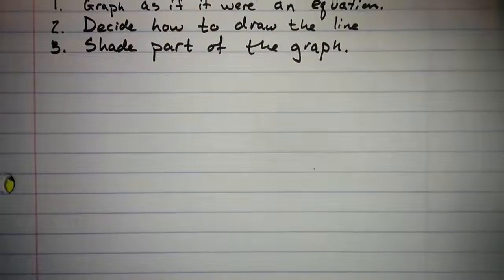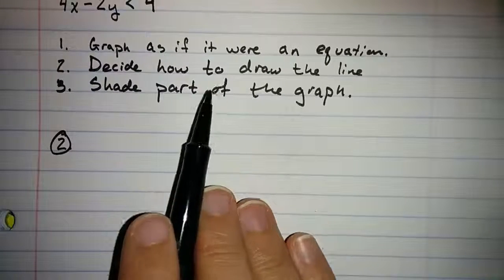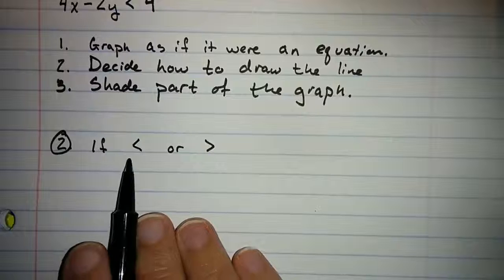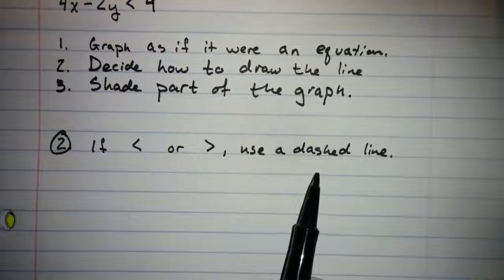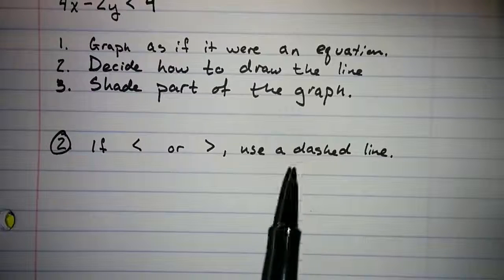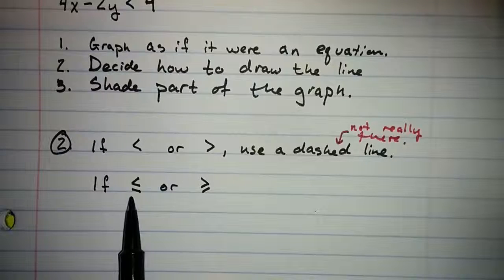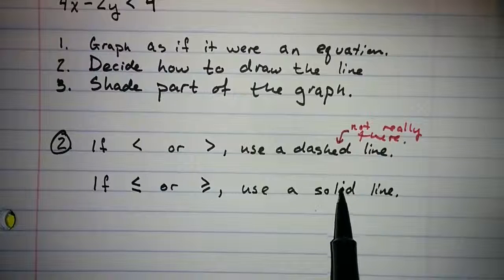So let's talk a little bit more about 2 and 3. Deciding how to draw the line. If we have either one of the strict inequalities, just less than or just greater than, use a dashed line. Right, a dashed line is not really there. So if it's less than or equal, or greater than or equal, we'll use a solid line.